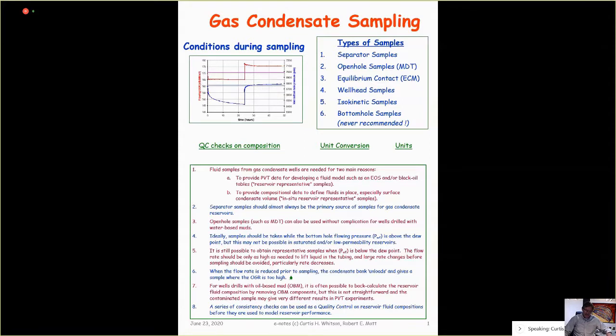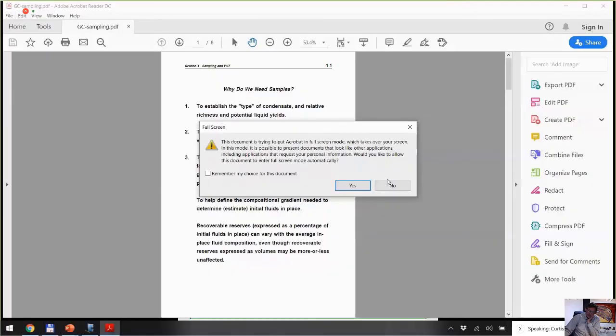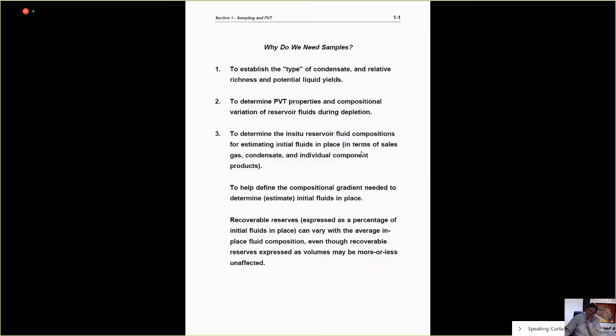I think here it's actually one of these e-notes called the GC sampling, and we can start maybe with just listing the types of samples that are available out there. Let's see here.